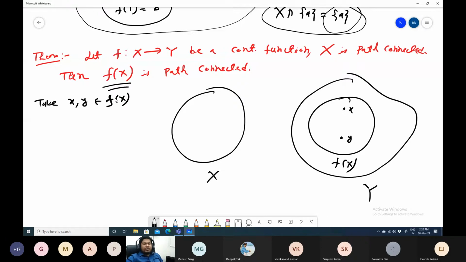Now we will show that there is a path from x to y. So how to prove that?